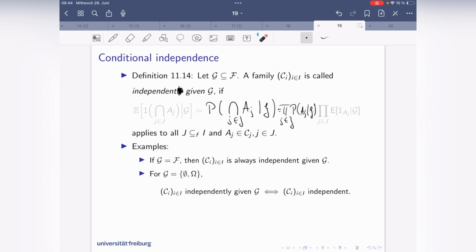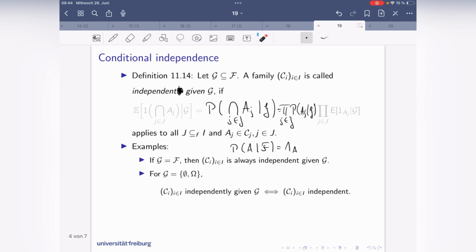Some trivial things. If G equals F, well, G equals F is boring, because if G equals F, I have that the conditional probability P of A given F is the indicator of A. Why is that? Because the indicator of A is, of course, F measurable. And so the indicator of A satisfies the defining property of the conditional expectation.